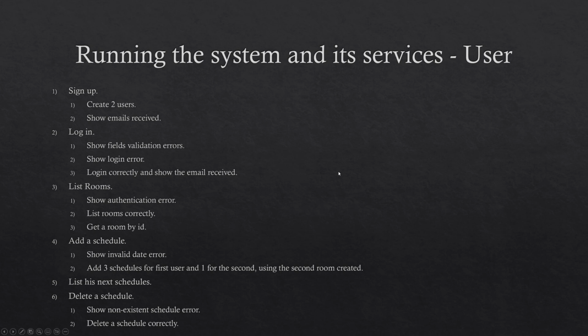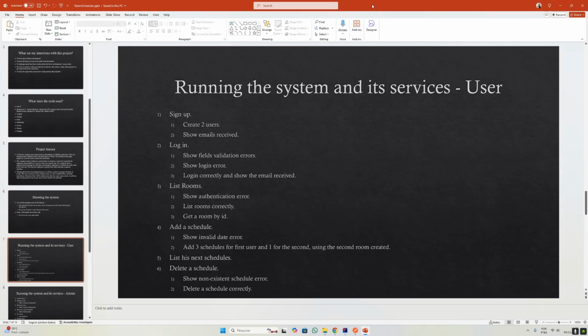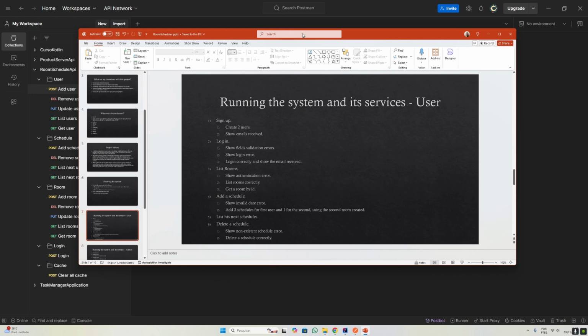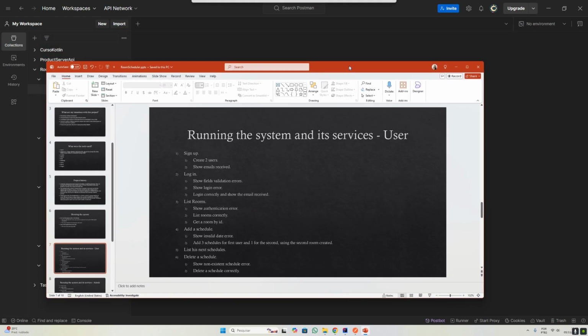I have a step-by-step here. You can read first if you want to, but I will close the presentation and put the slide on my other screen. So on this screen I want to show you my program working.